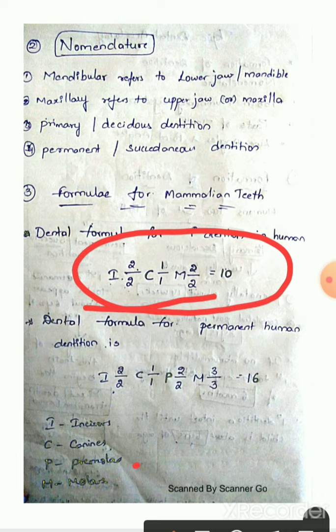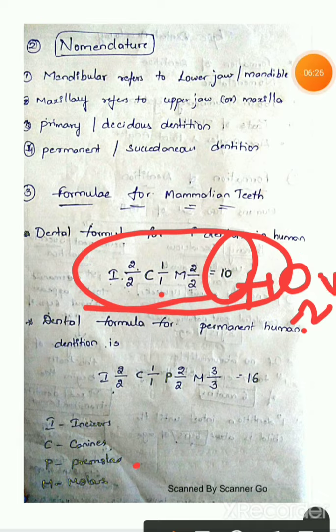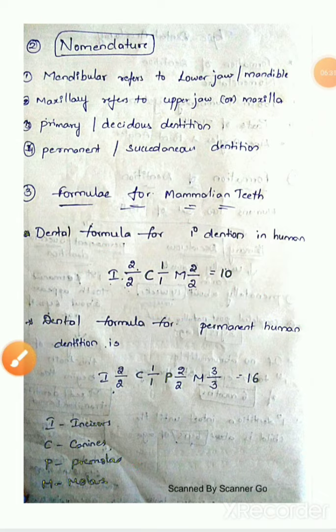Here, how we read it is: incisors, 2 maxillary and 2 mandibular; canines, 1 maxillary and 1 mandibular; and molars, 2 maxillary and 2 mandibular. The total on one side is 10 teeth, and both sides lead to 20 teeth. So this is the dental formula for primary dentition.